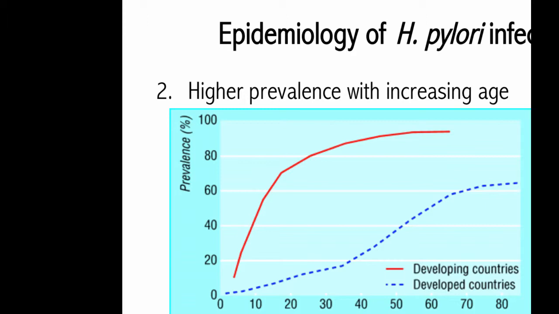So you can see that in developing countries, the rates of infection are very, very high. You may get up to 80% infection rates by the time an individual is 20, so that means 80% of 20-year-olds would be infected. Maybe I'm off on my lines there, maybe 80% of people at age 30 are infected. But you can see that your risk of infection increases with age.